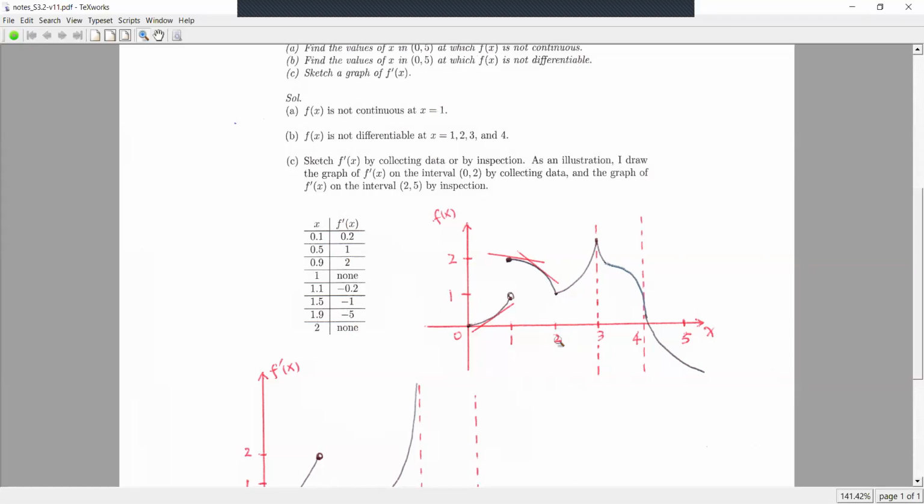Now 2. At 2, the curve has a corner, no tangent line there, no derivative there. So the derivative at 2 is undefined, no value. Now plot these data points on the xy plane.